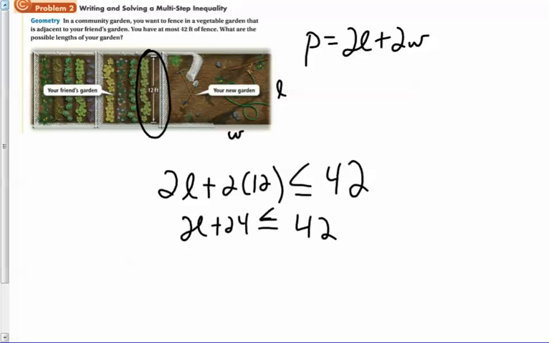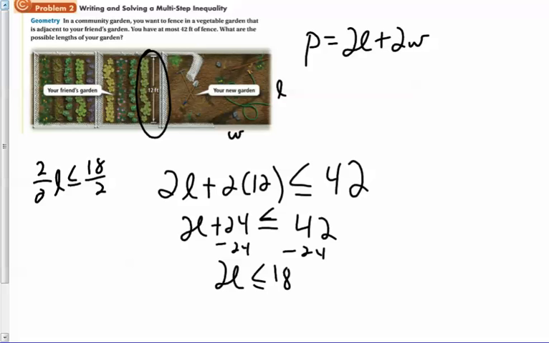So how do we solve this? We're going to subtract 24 from both sides. So now you've got 2L is less than or equal to 42 take away 24, which is 18. And then what do we do? We're going to divide both sides by 2, right? When you divide both sides by 2, you get L is less than or equal to 9.